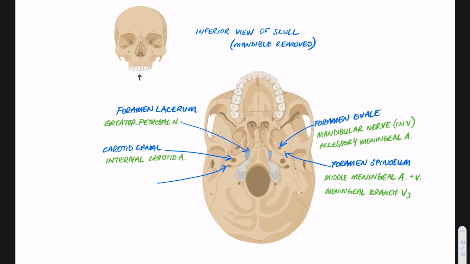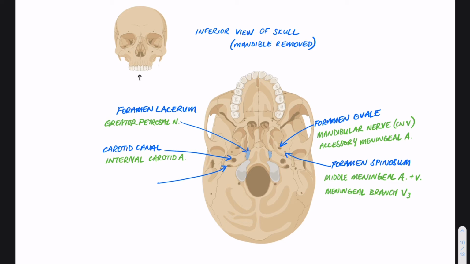Now, the internal carotid artery makes several right angle turns as it makes its way from the heart to the brain, and the carotid canal is one of these places where it does that. Because we're looking at an inferior view of the skull, imagine that we have an artery traveling superiorly towards the brain.